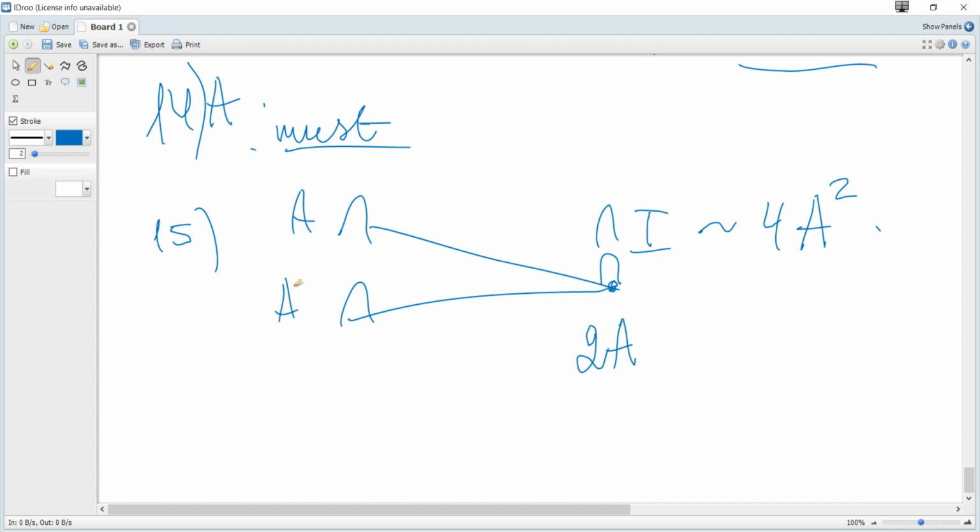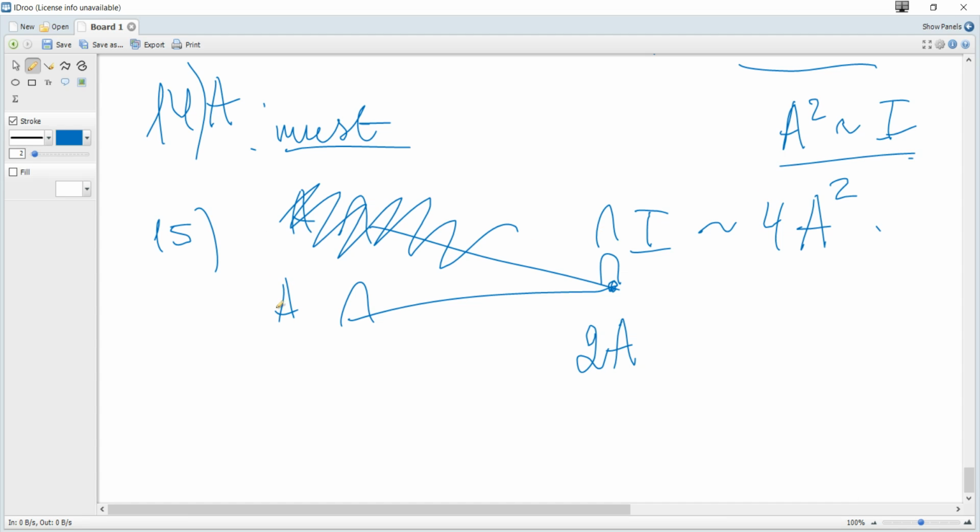In other words, amplitude increases by a factor of 2 and intensity increases by a factor of 4, and in the opposite direction, if we delete one source, intensity decreases by a factor of 4, because 1A squared is just one intensity.